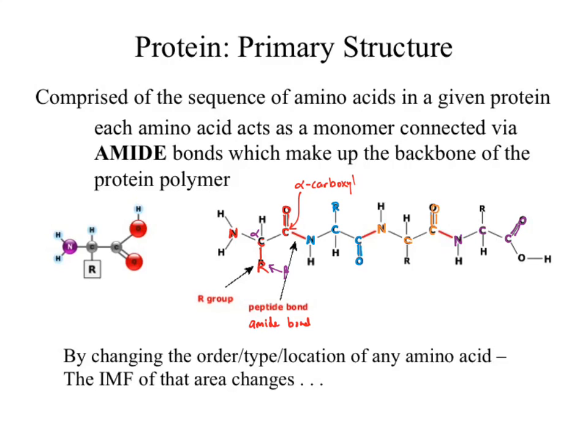So we would kind of think that primary structure is meaningless, and in a weird way we can almost say that to be true, with some exceptions. Where we classify primary structure as being important is that if I change one of those amino acids, that changes the primary structure, which affects the secondary structure.